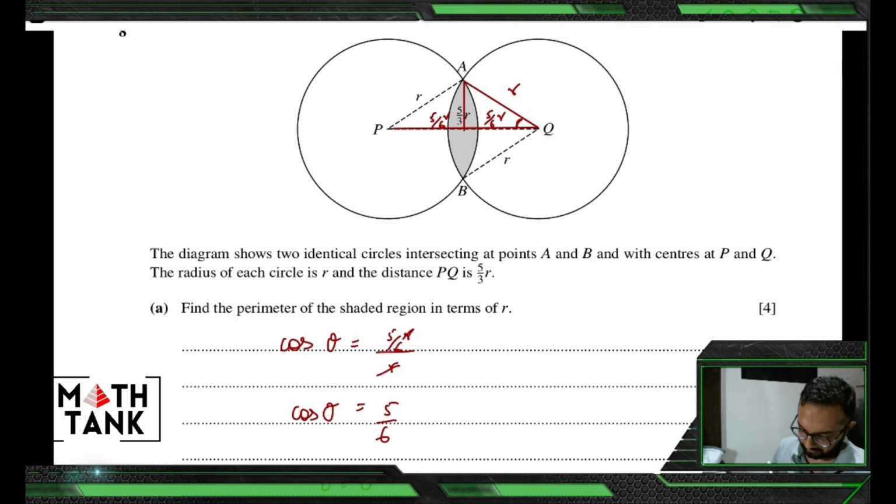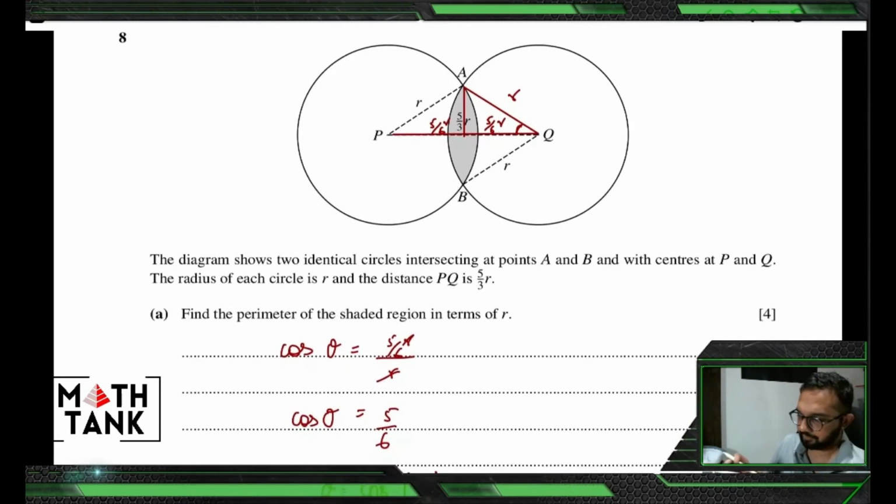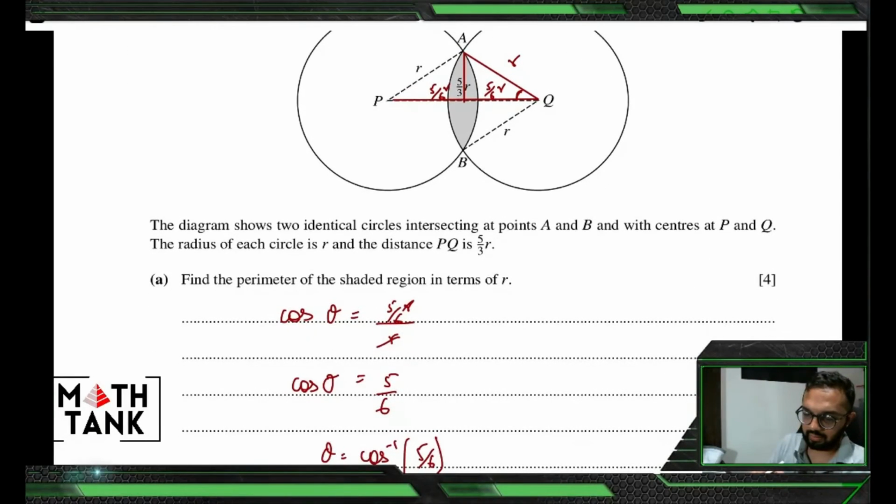So theta is cos inverse of 5 over 6 in radians.